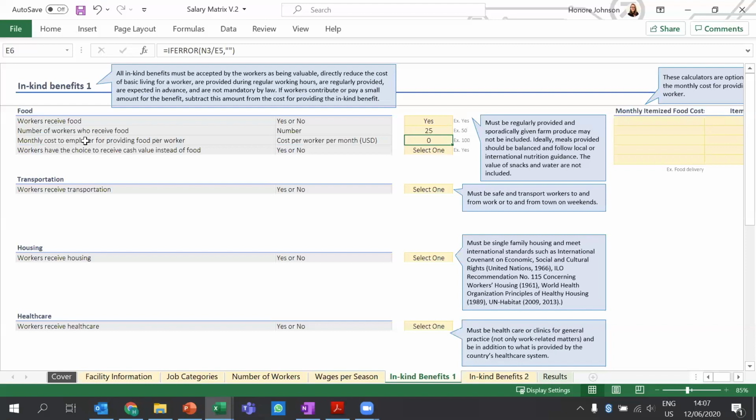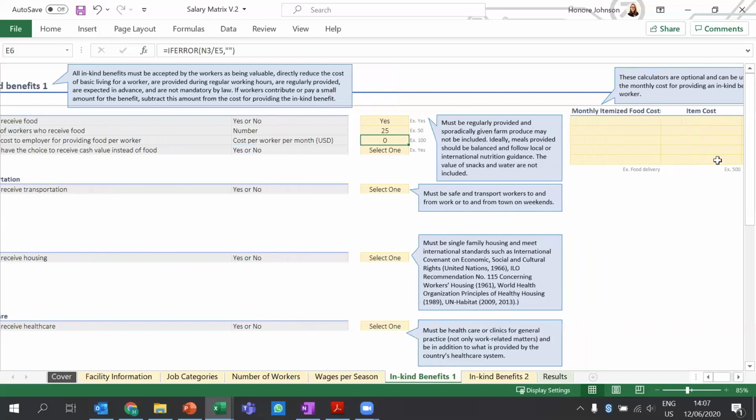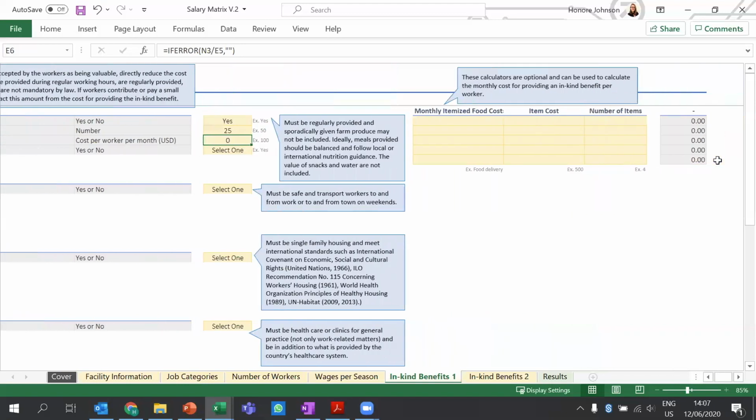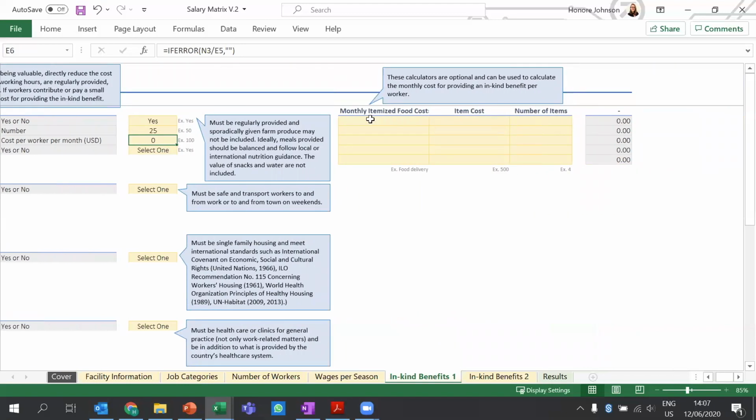Here you will see the monthly cost to the employer for providing the food per worker. If this value is not known quickly, you may refer to the column over here on the right, which helps support this calculation. So for this example, we can enter the monthly itemized food costs, the item costs, and the number of items.